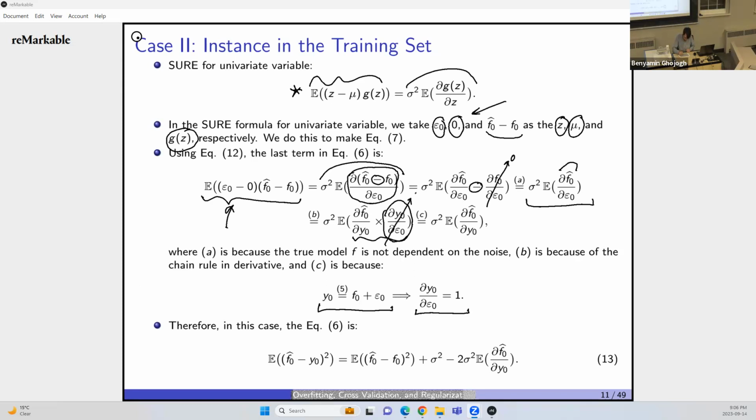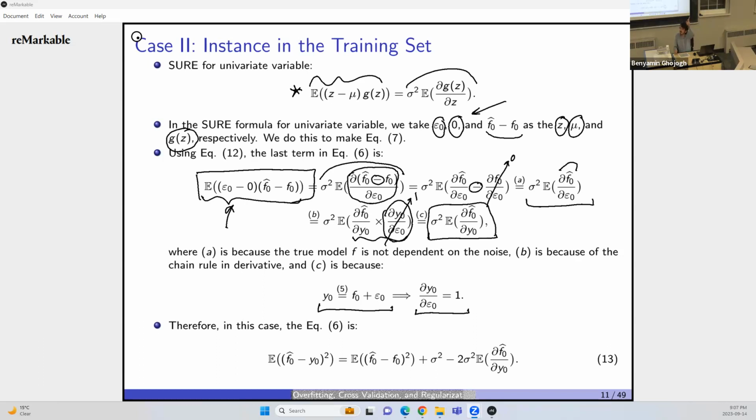So this is simplified to 1. So it's simplified to this, right? Do you agree? Okay. Yes. So we found this equation 7 became this.